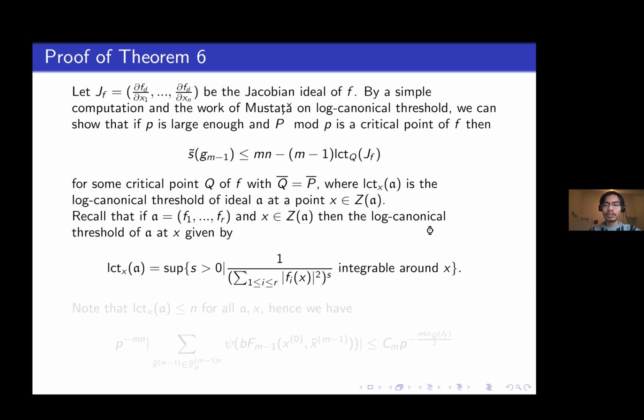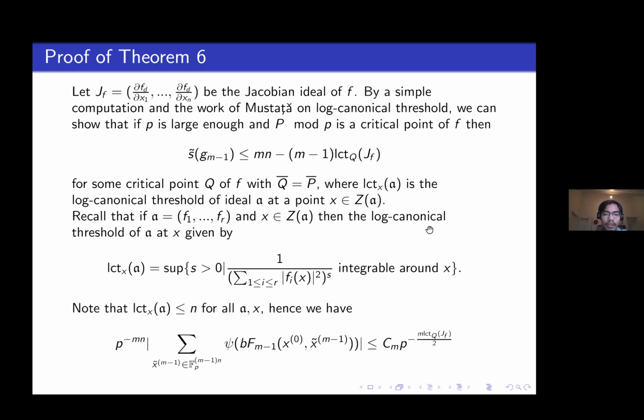And here I mean that the local log canonical threshold of an ideal a at x is defined by the supremum of exponents such that the function is integrable around x. And here f_1 to f_r is a set of generating elements of a.